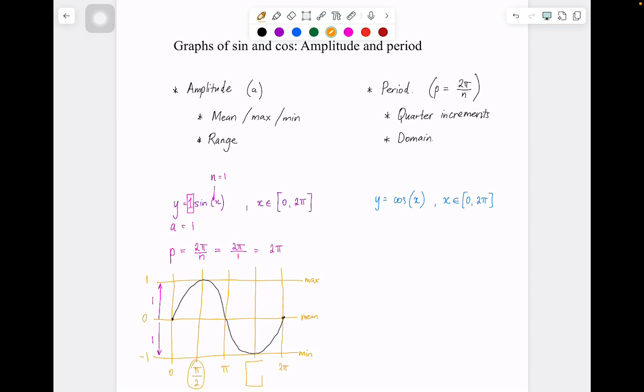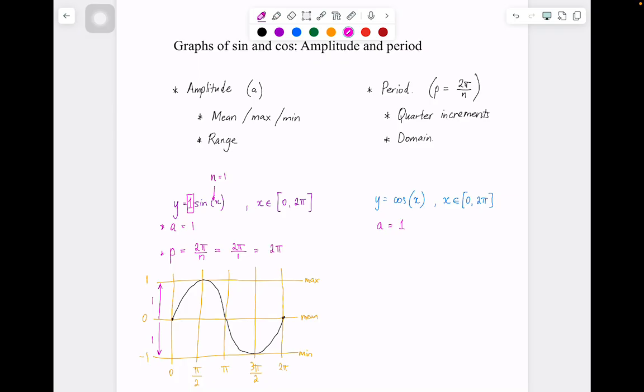Now I will introduce the concept of quarter increments, which will help you sketch more complicated graphs later on. So to find our quarter increments, we're going to split this period in half by dividing 2 pi, or our period, by 2, which ends up at pi. Now, dividing by 2 is the exact same idea as multiplying by 1/2, or multiplying the denominator by 2.